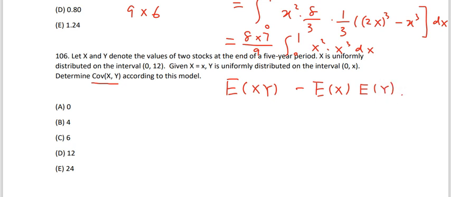Okay, so now let's check x. We need to determine x from where to where. It says x is uniformly distributed on 0 to 12, so x is from 0 to 12.